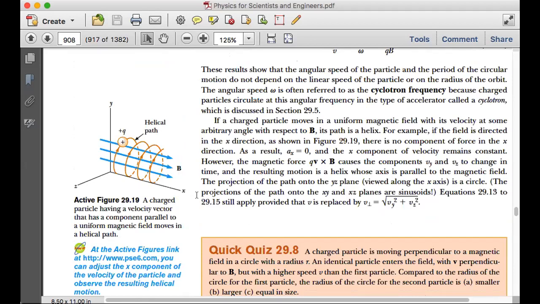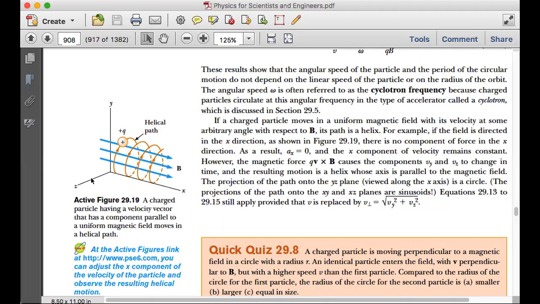If the direction of B is parallel to the x-axis, then this positive particle will have helical, well, not spiral, helical motion, like this, okay? But if negative, we have the opposite direction, okay?